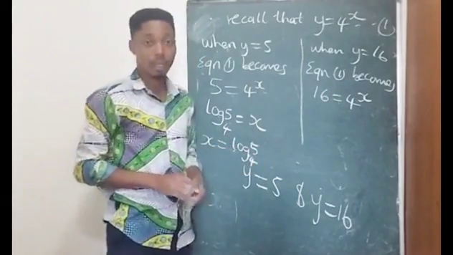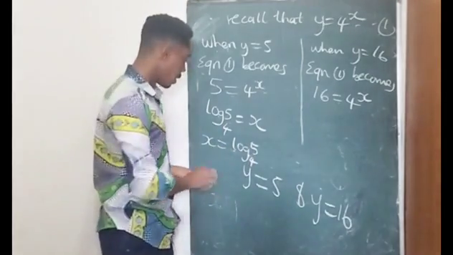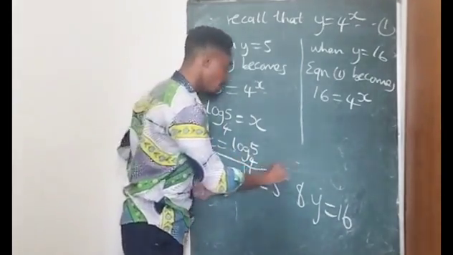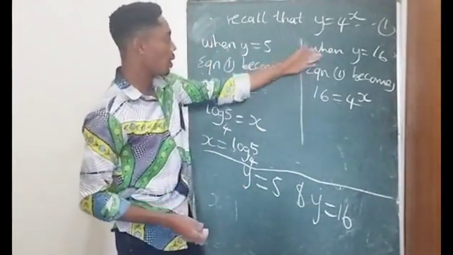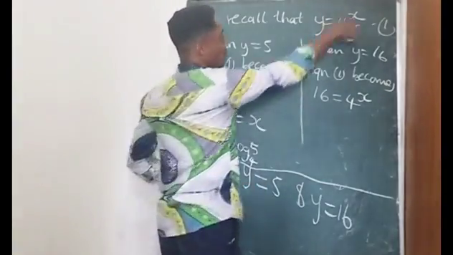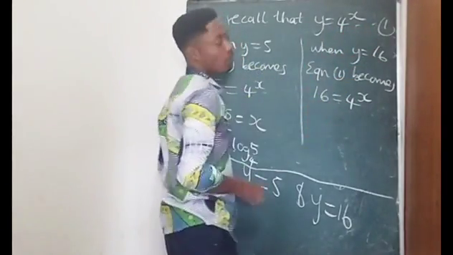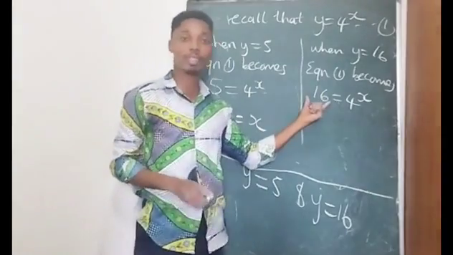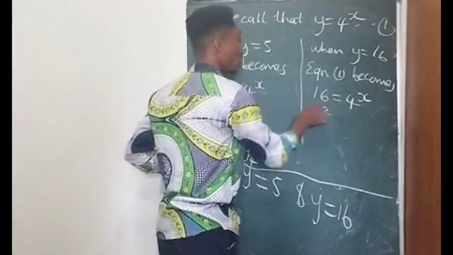We can use a more advanced scientific calculator to evaluate this. And we can also evaluate when y is equal to 16. From equation 1, we are just going to put 16 inside there, and this becomes 16 equals 4 raised to the power x. Of course, we can express 16 in index form, and 16 is going to give us 4 squared.